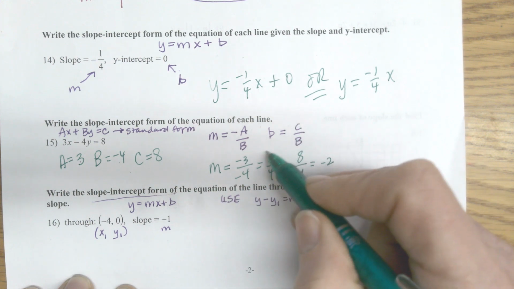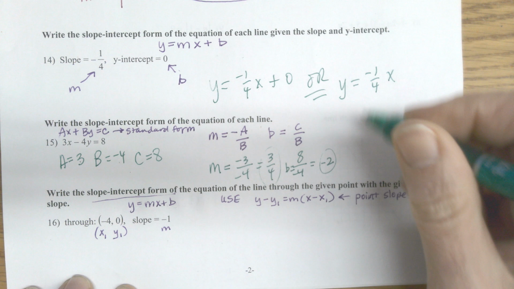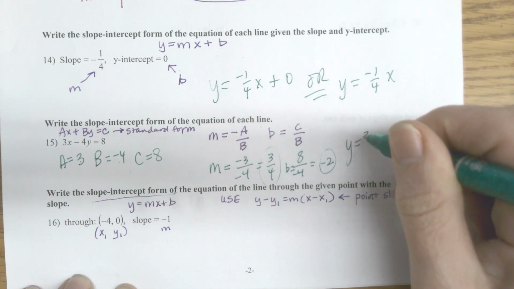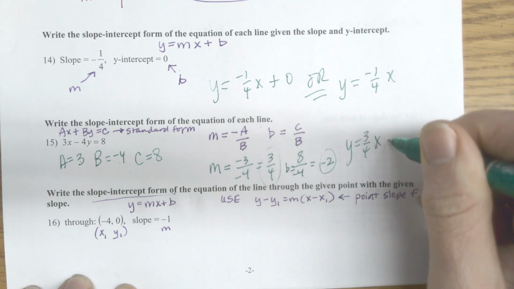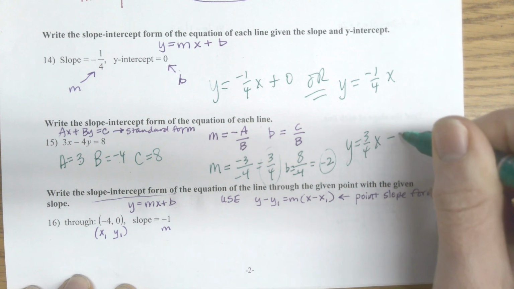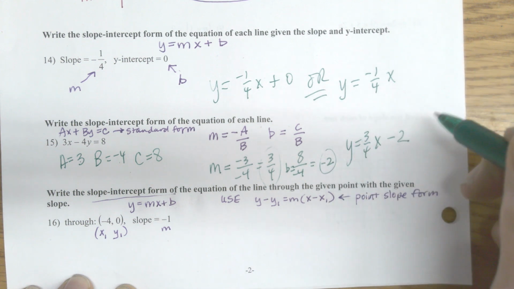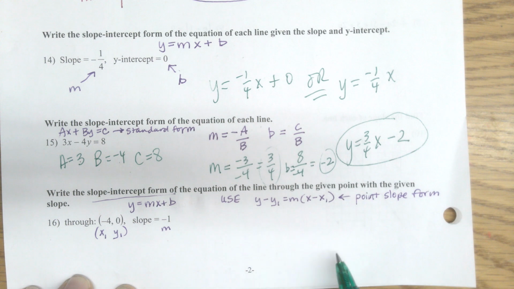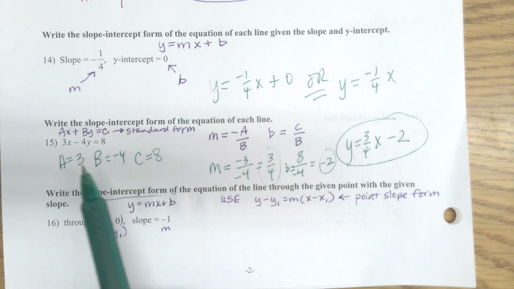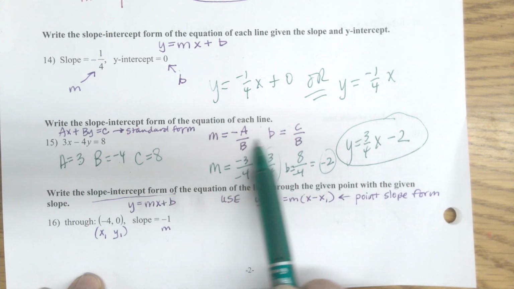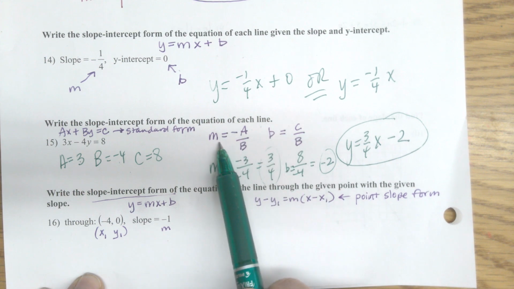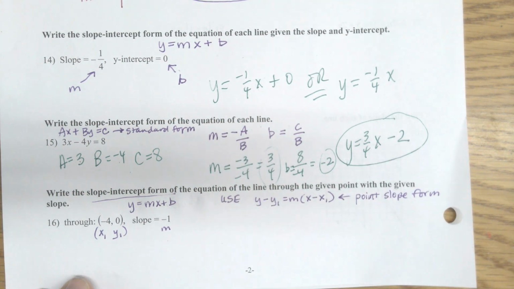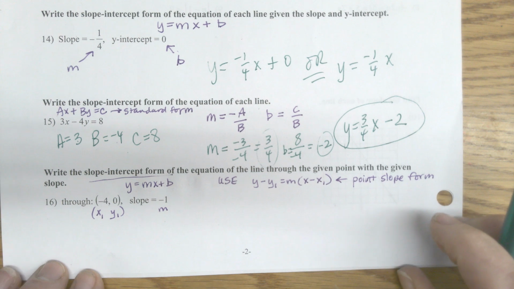Now that I have these values, my slope and my y-intercept, I can just plug it in. y = 3/4 x + -2, which I write as -2. So then that would be my slope-intercept form. I know it takes really long for me to talk through it, but if you have all these pieces written down, then you have something to refer to when you do this on your test tomorrow.